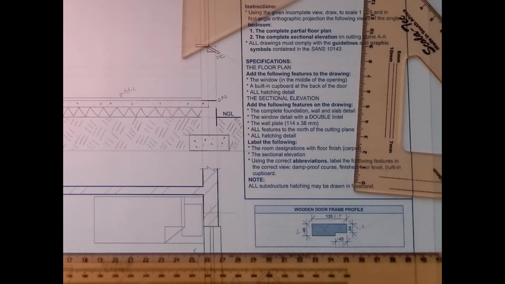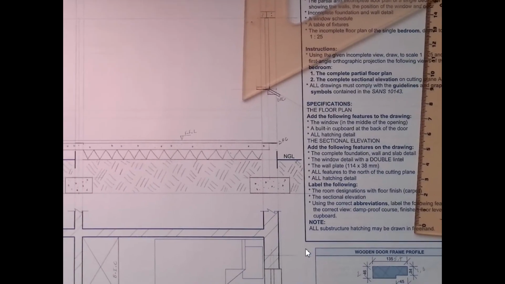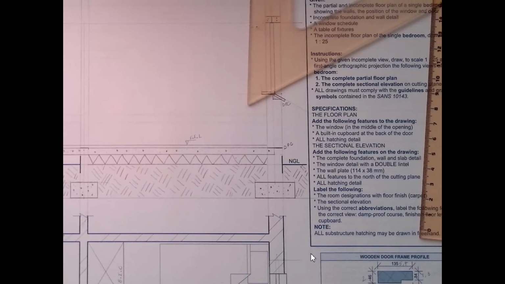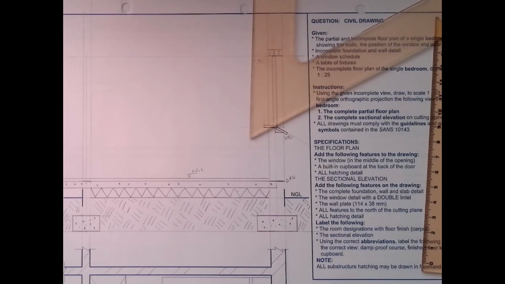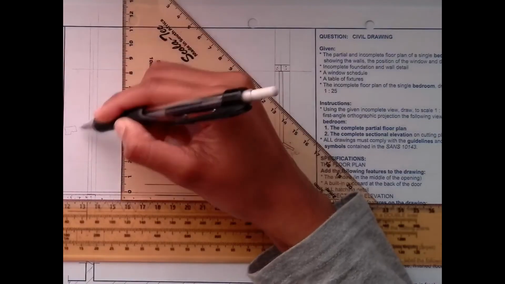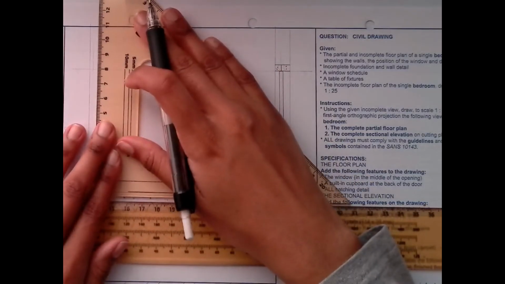So I'm just going to shift my screen, and it's a wooden profile, so it's going to fit directly into the wall because it's an internal wall. So now I'm going to measure this part up, which when I measured was 1,3.